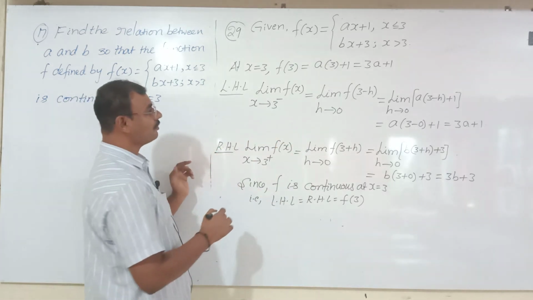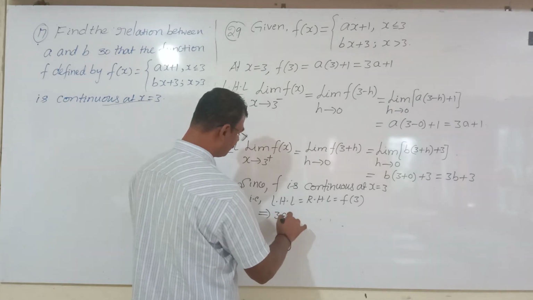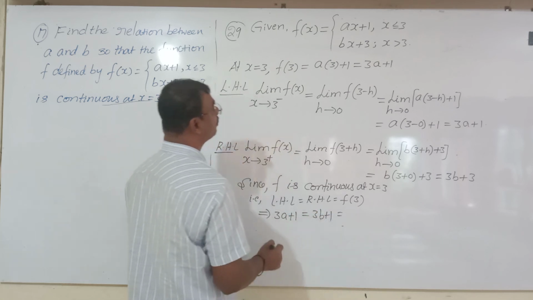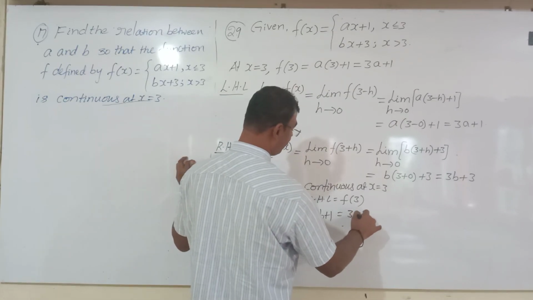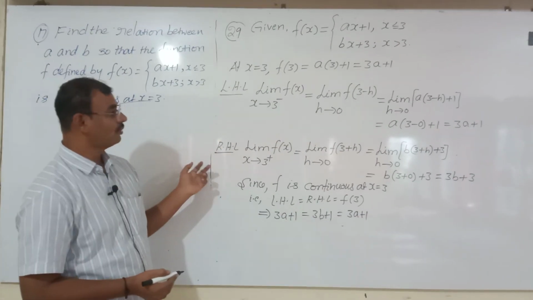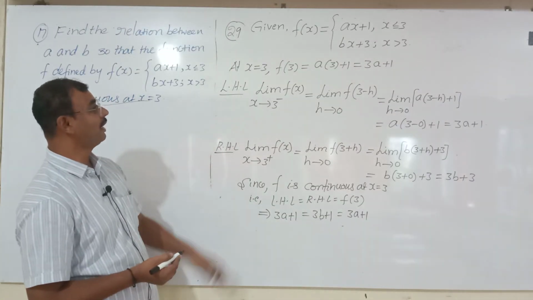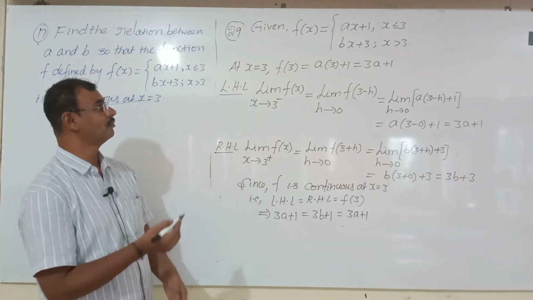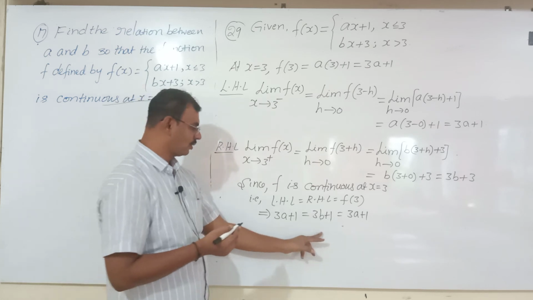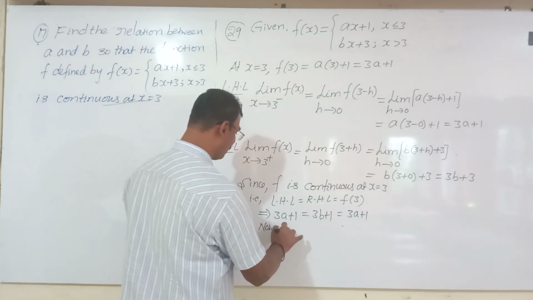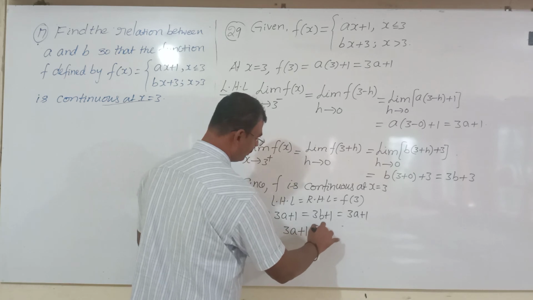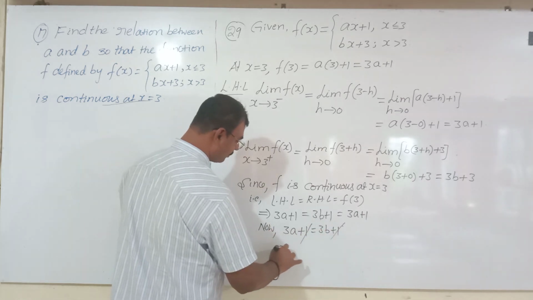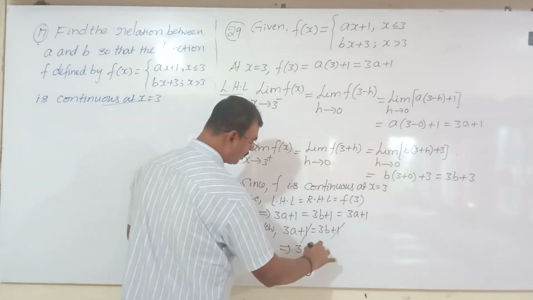The left hand limit is 3a plus 1, the right hand limit is 3b plus 3, and f of 3 is 3a plus 1. Now equating any two terms, 3a plus 1 equals 3b plus 1. The plus 1 and minus 1 on both sides cancel, and 3a is equal to 3b.